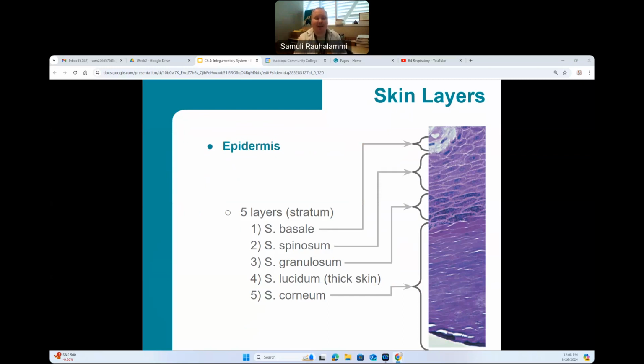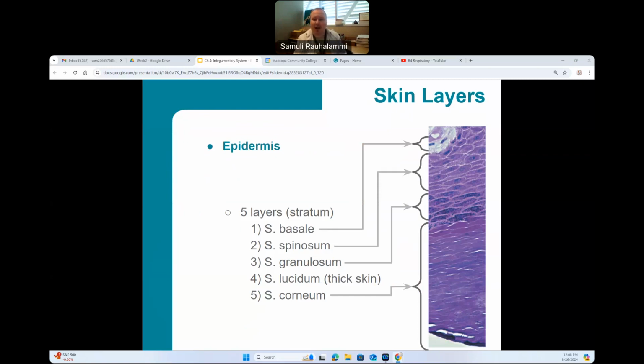As we are paying attention to this microscopic image, another thing that stands out, I think, is how the cells become much flatter and also much more keratinized as we move from deeper layers to the outer layers. Because as we move more and more to the outer level, we see that we need to protect ourselves, for example, from water loss.